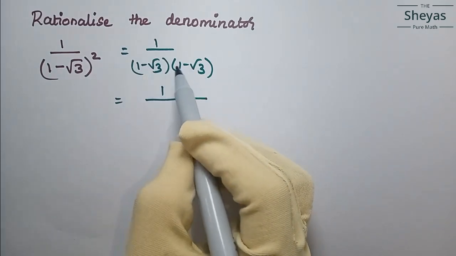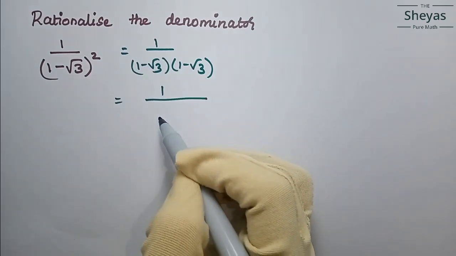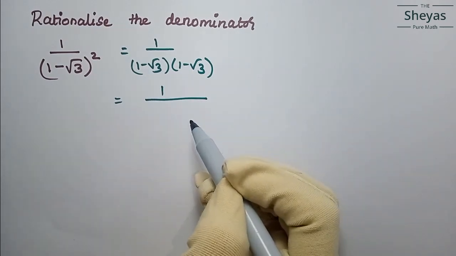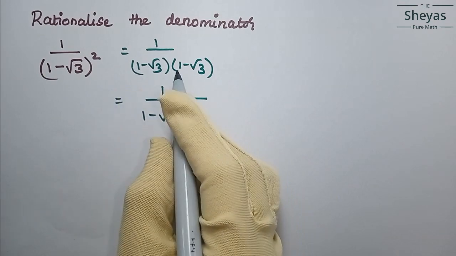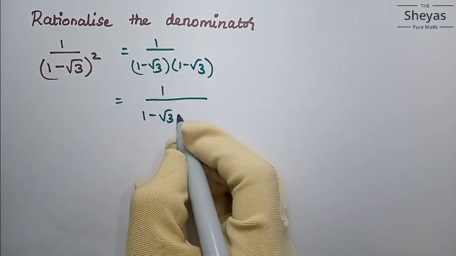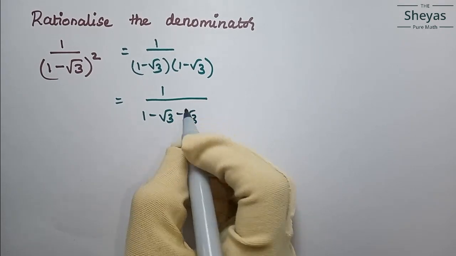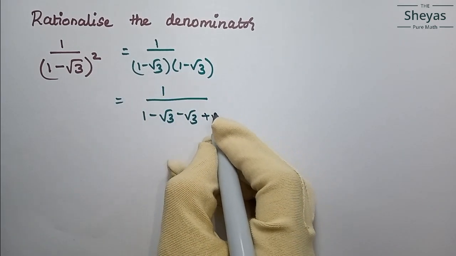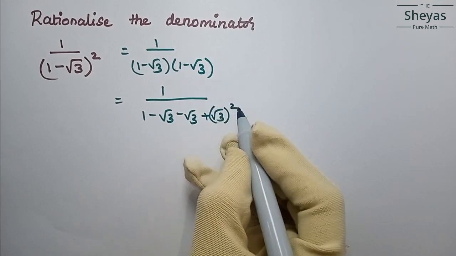Just expand this and first write down the expanded value. So 1 into 1 is 1, 1 into minus root 3 is minus root 3, minus root 3 into 1 is again minus root 3, then minus root 3 into minus root 3 is plus root 3 the whole square.